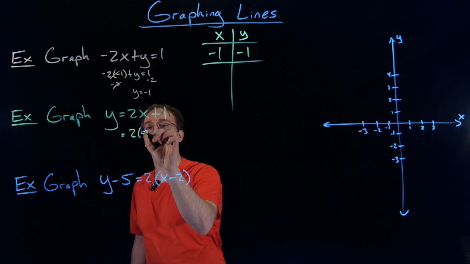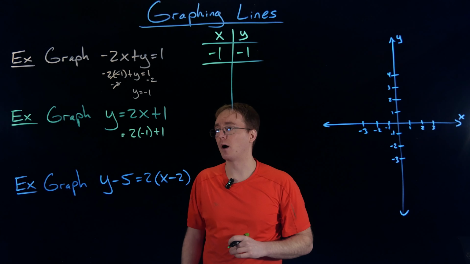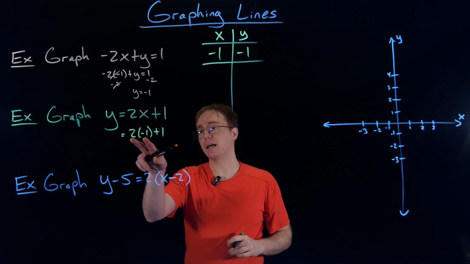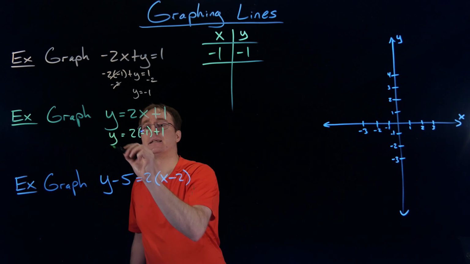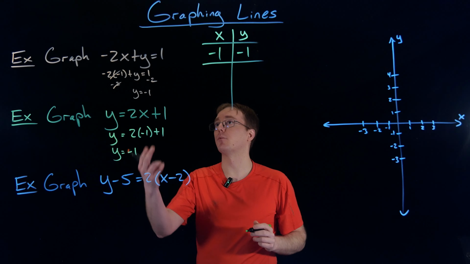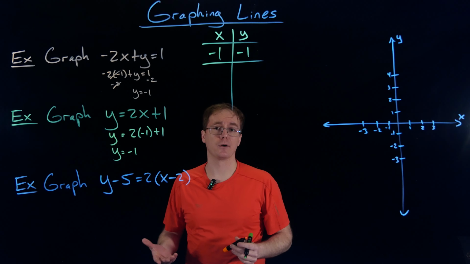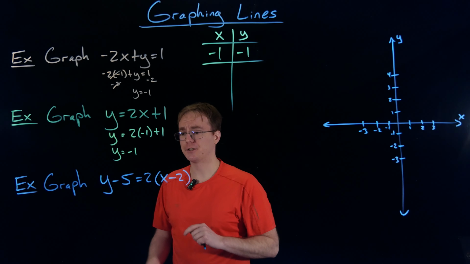So we get 2 times negative 1 plus 1. Now if we evaluate that, we should find our y value. Well, 2 times negative 1 is negative 2. Negative 2 plus 1 is negative 1. So very quickly, we again find that y is equal to negative 1 when x is equal to negative 1 as well. Let's do this again for our third equation down here.